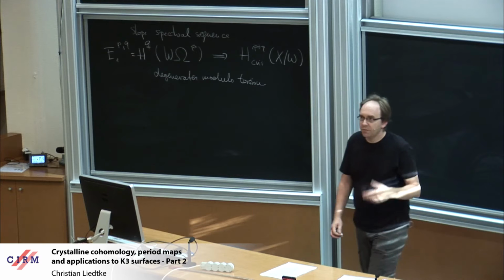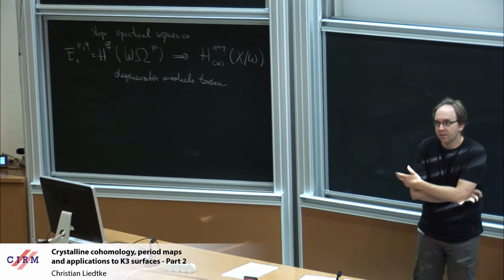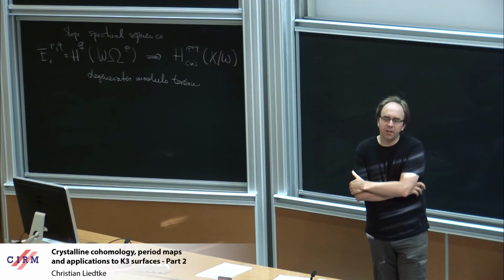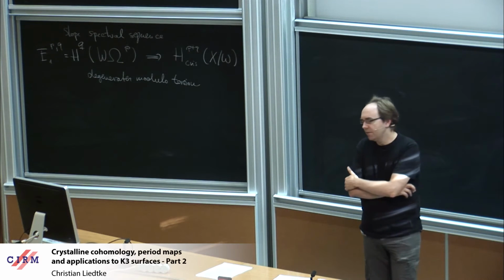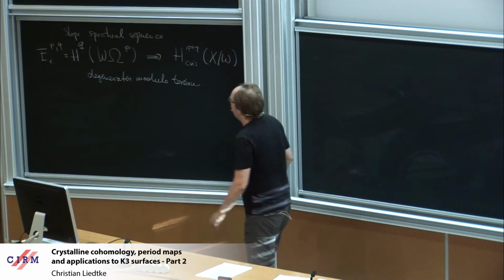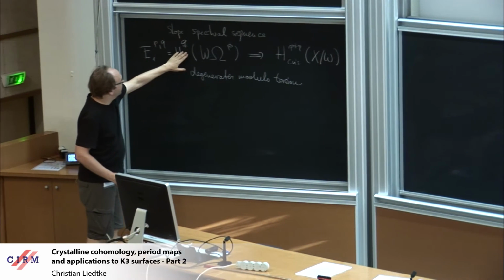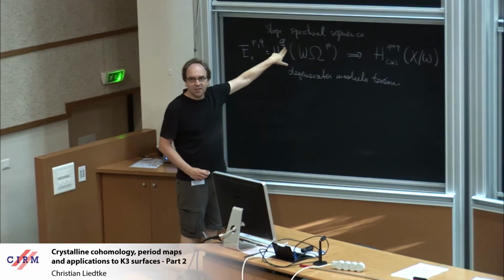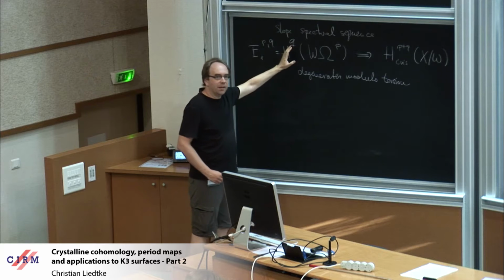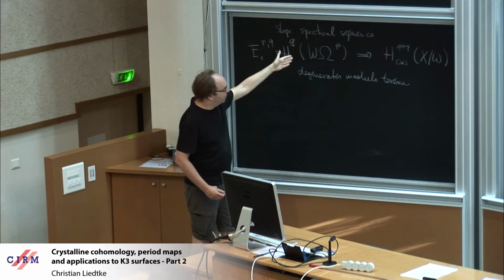So for example, if you take a smooth quartic in P^3, that defines a K3 surface. If this K3 surface happens to be supersingular, for those who know what this is, then I think, I keep on forgetting which one it is, one of them is not finitely generated, and then this spectral sequence has no chance of degenerating without including torsion.